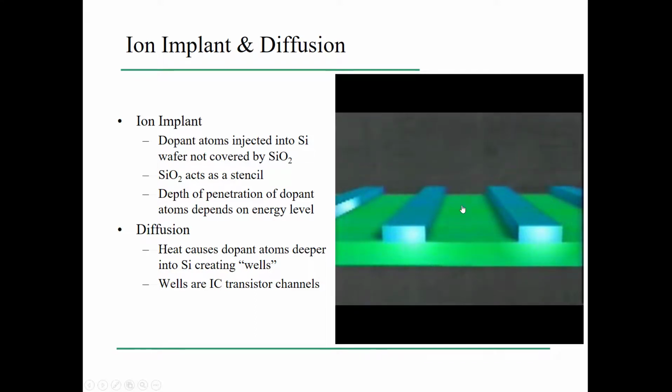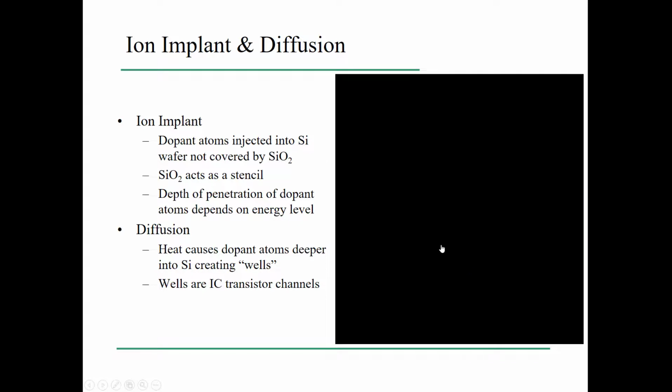So you see, it's just the ions that hit the green wafer. Oops, it kind of ended quick there, but in the video it shows the ions that hit the green wafer getting a darker green because they actually penetrate into the wafer, but those ions hitting the silicon dioxide are absorbed and never make it into the wafer. So it's the silicon dioxide that's being used as a stencil, as you will, to determine what areas of the wafer get doped and which areas do not.